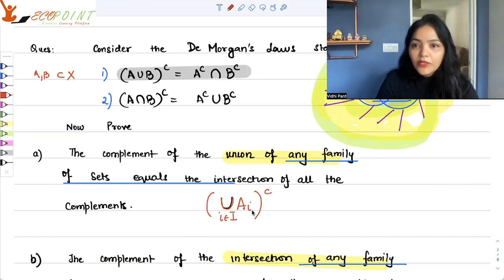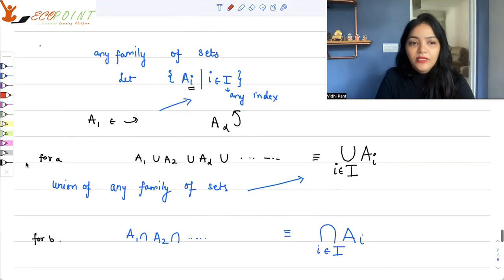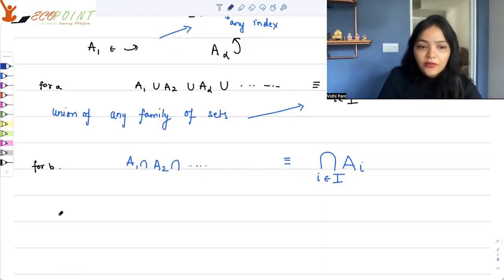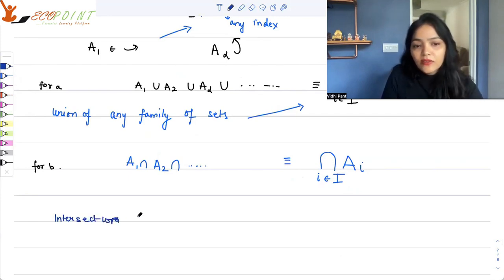The complement of the union of any family of sets equals the intersection of all complements. Let me write that down separately for you: the intersection of all complements.